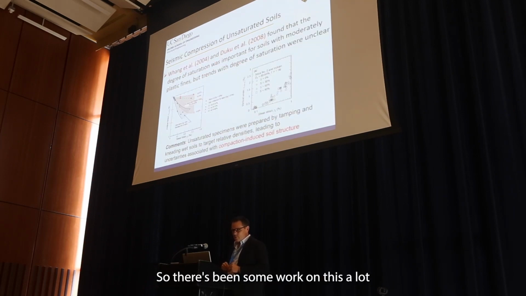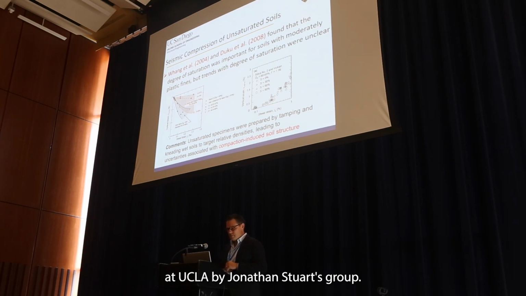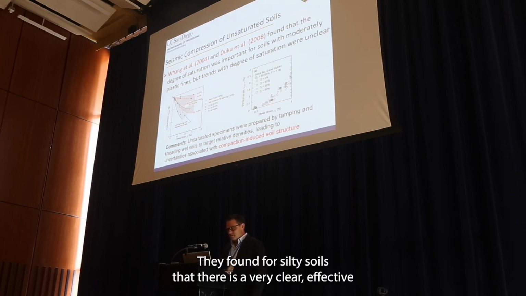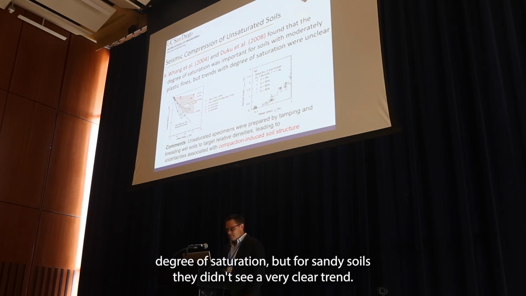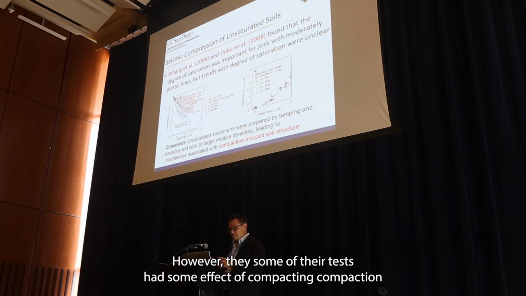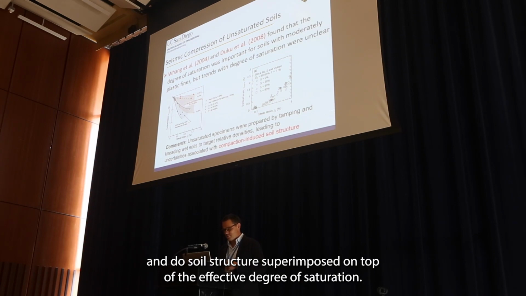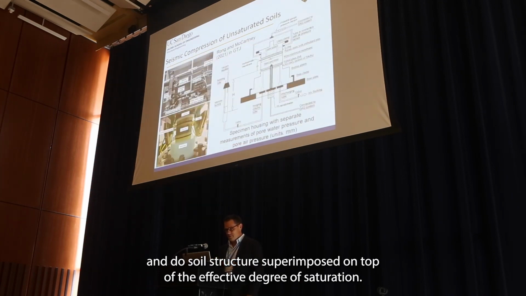There's been a lot of work on this at UCLA by Jonathan Stewart's group. They found for silty soils that there is a very clear effective degree of saturation trend, but for sandy soils they didn't see a very clear trend. However, some of their tests had some effective compaction-induced soil structure superimposed on top of the effective degree of saturation.